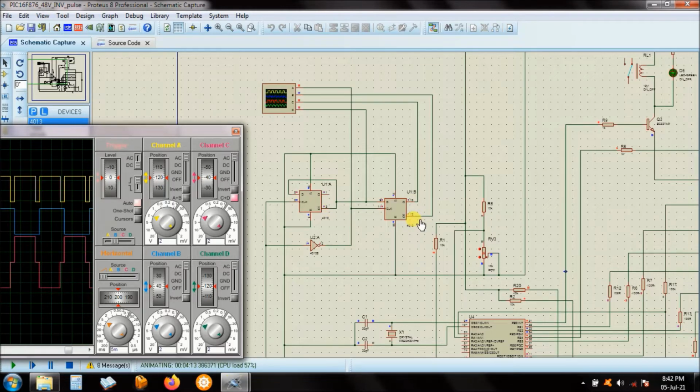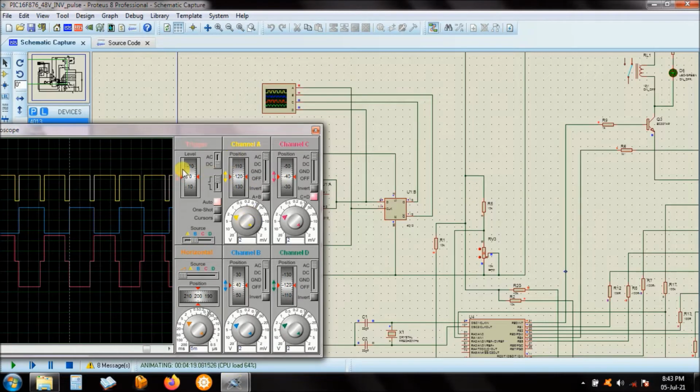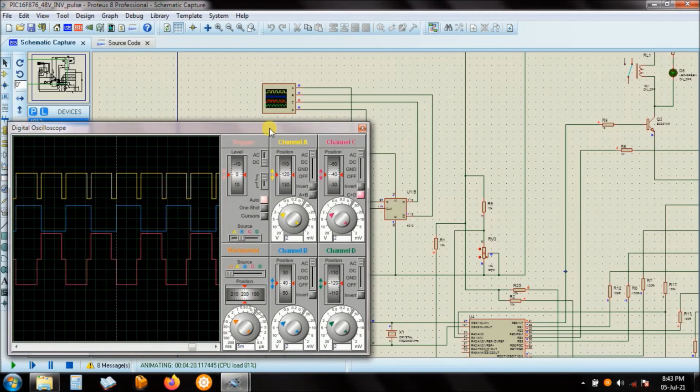When you are actually wiring it to the MOSFETs, for the designs that are there on the net, it is low pulses, and pin number 1 and pin number 12 driving the high MOSFETs, pin number 2 and pin number 13 driving the low MOSFETs.